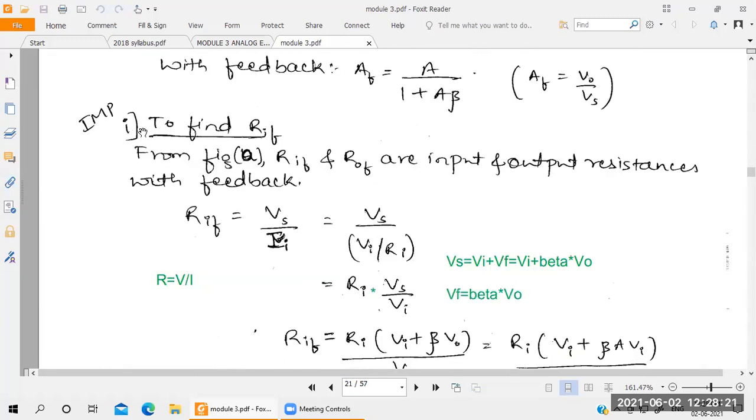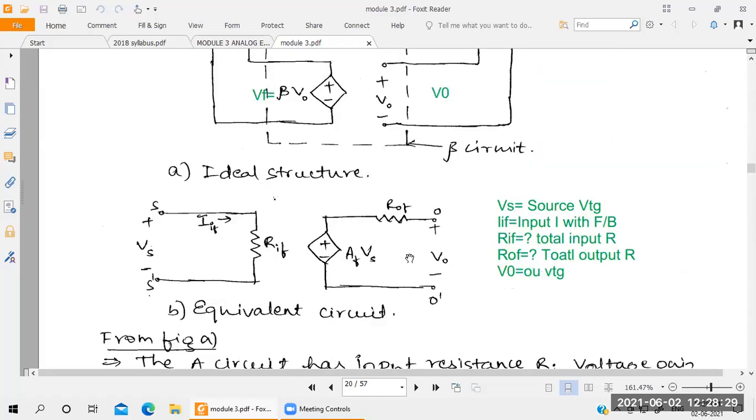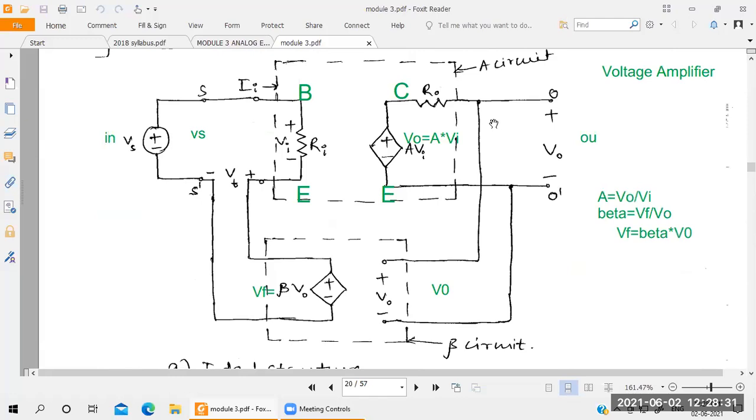First, to find out RIF, what is RIF here? Total input resistance with feedback. Same thing, total output resistance with feedback. That is the agenda of this equivalent circuit. The question is, we want to derive the equations for the total input resistance with feedback and total output resistance with feedback.